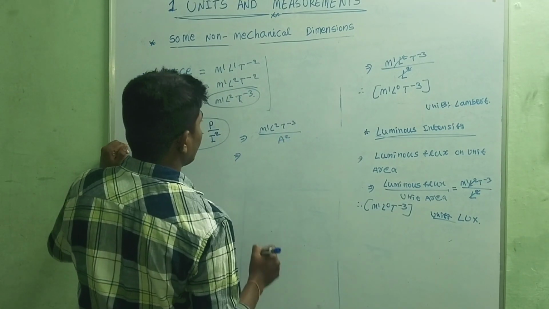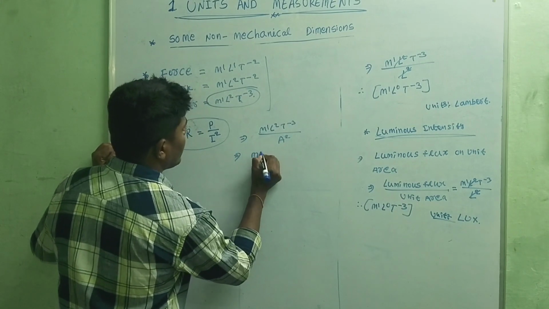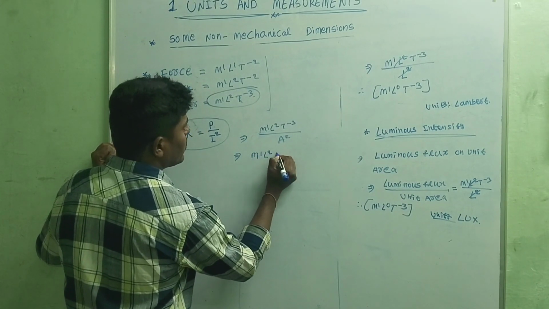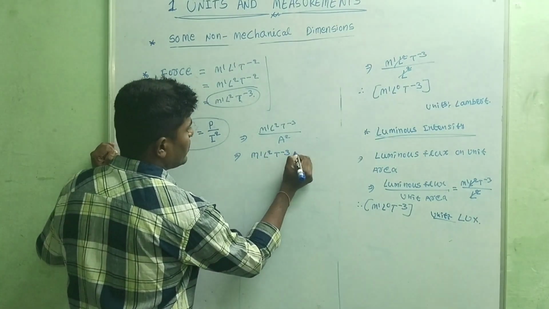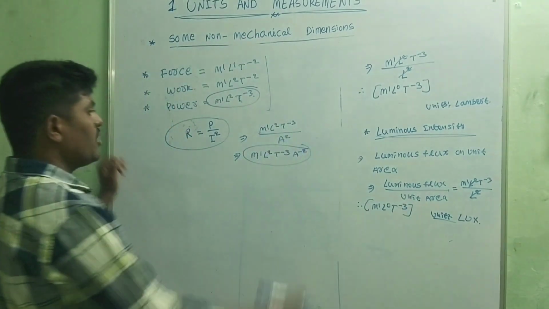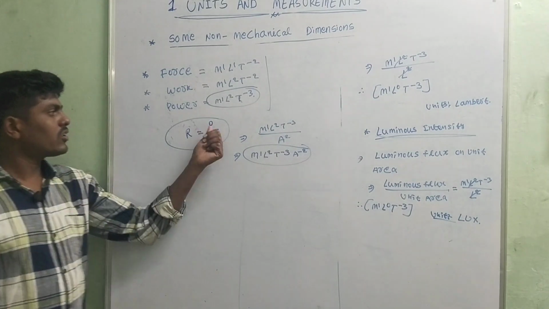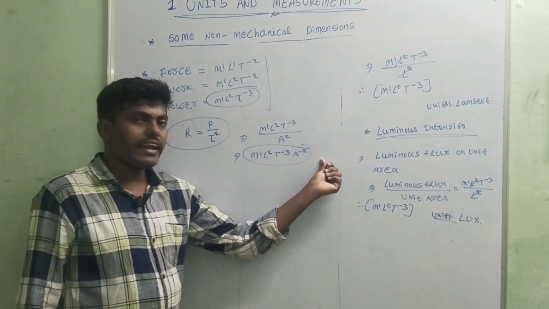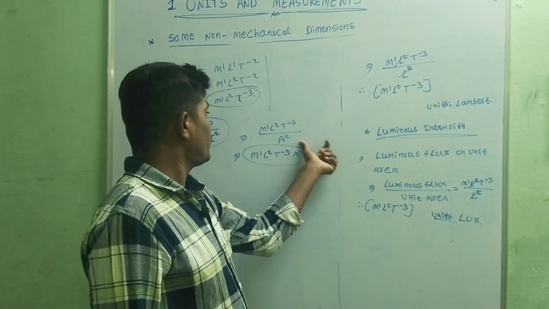It can be written simply as M1 L2 T minus 3 A minus 2. So when we know power, we can write this directly.